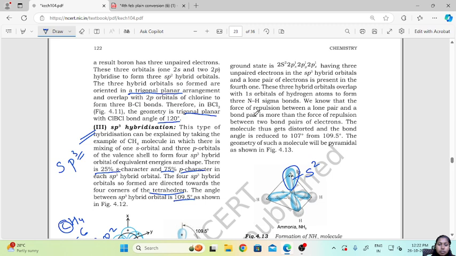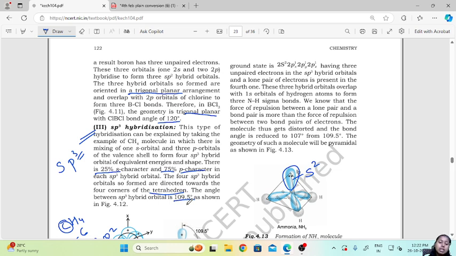Now we know that the force of repulsion between a lone pair and a bond pair is more than the force of repulsion between two bond pairs. So the molecule gets distorted and the bond angle is reduced to 107 from 109.5 degrees. When we started the discussion, I told you that sp3 hybridization has a bond angle of 109.5 degrees, but the bond angle of ammonia, NH3, is 107.